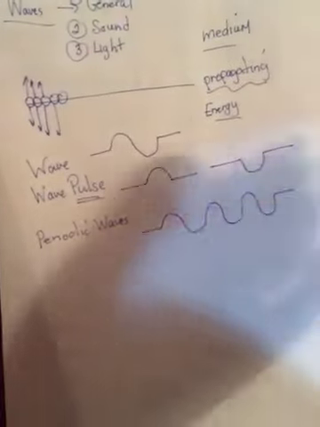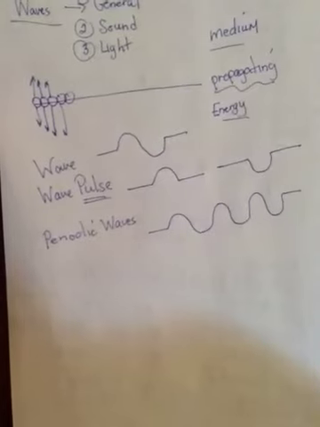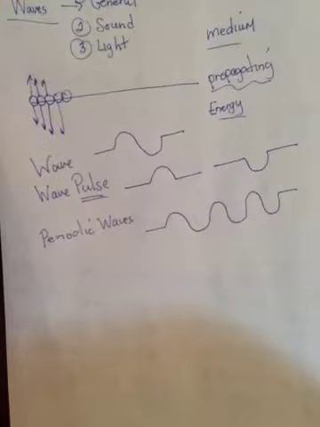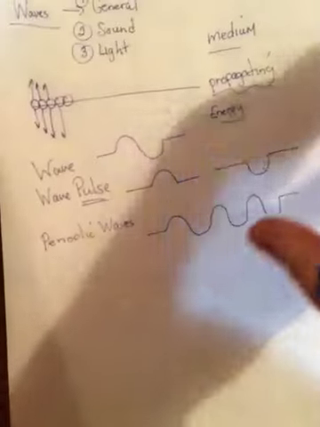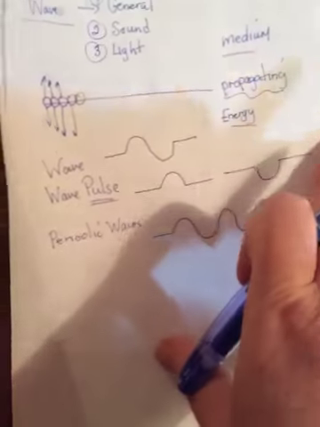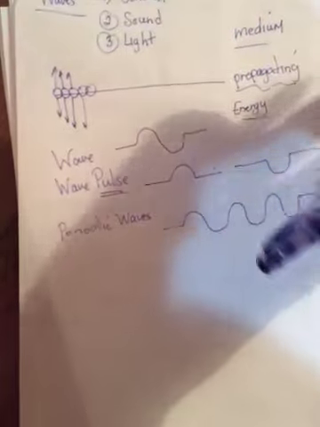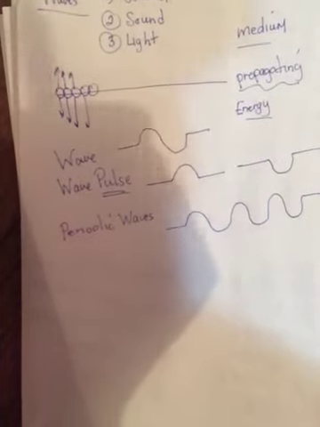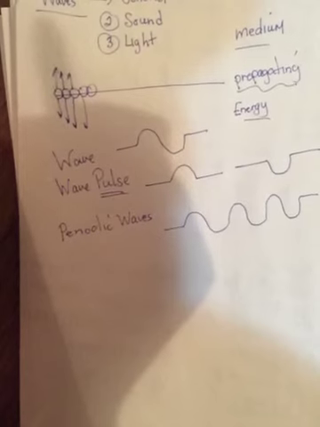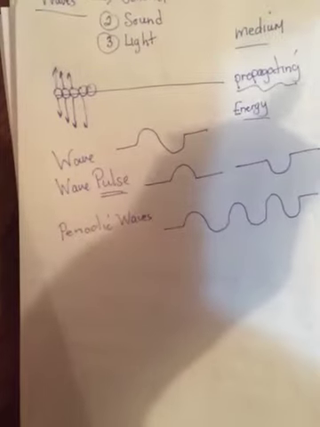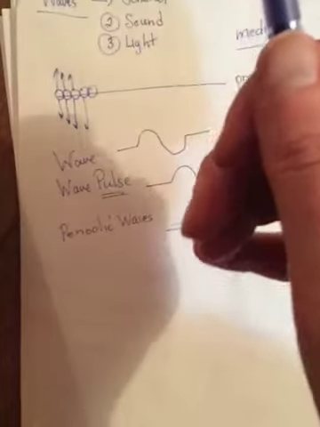All right, so now we're going to categorize waves, and we're going to do it in a couple of different ways. It's kind of like if we were to take all of you in the class, I could break you into different types, different categories based on characteristics. I could say, okay, everybody who's over 5 feet 7 inches tall, stand on one side of the classroom, and everybody who's that tall or under, stand on the opposite side.